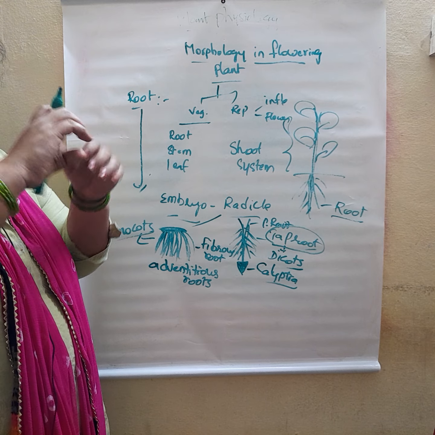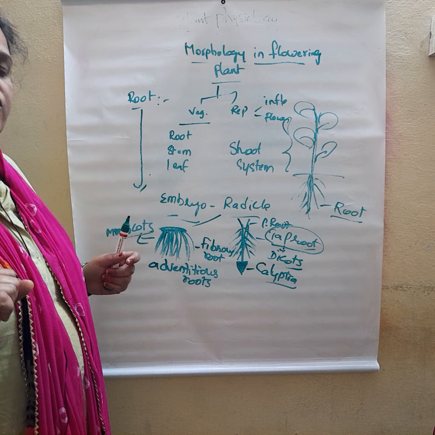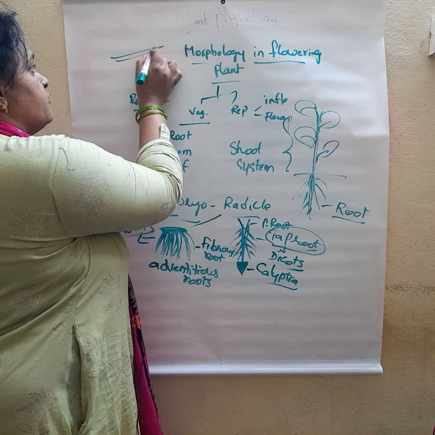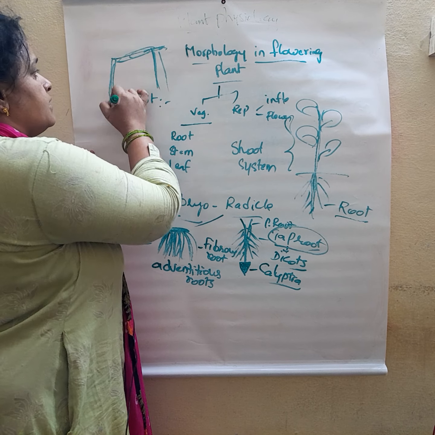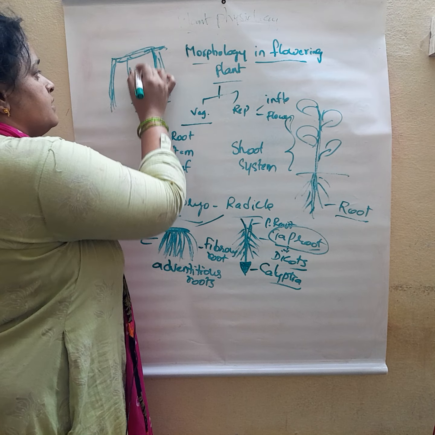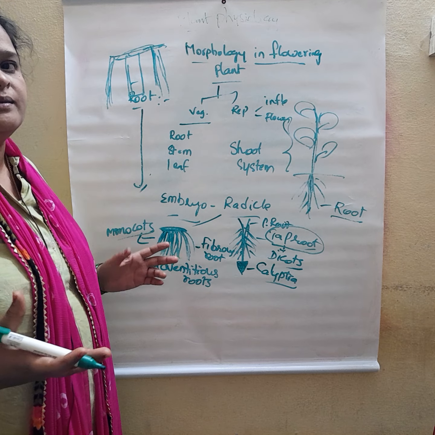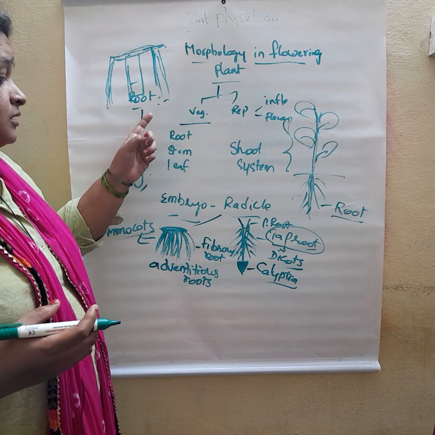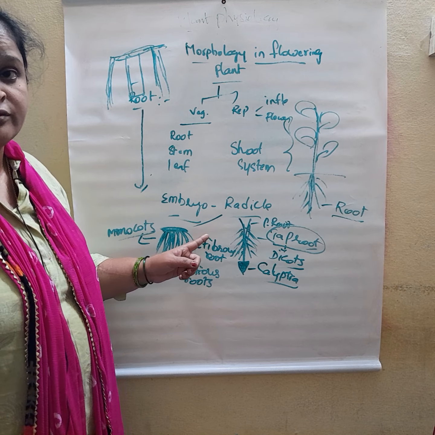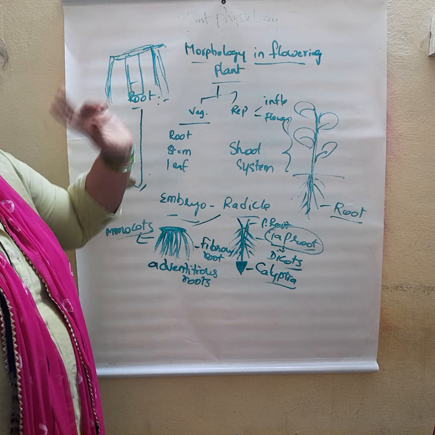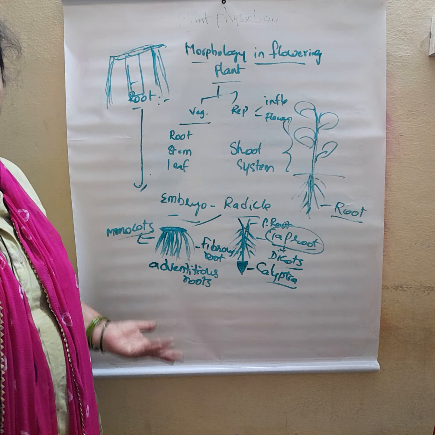Many roots develop from the lateral side of the branches. Why? Because they give balance to the tree. They are not from the radicle and not from the ground; they come from the branches of the stem, so they are called adventitious roots.